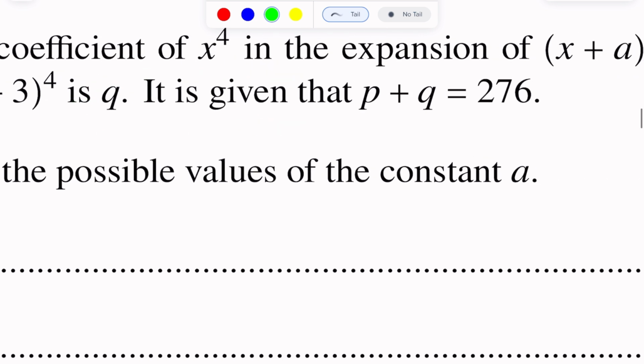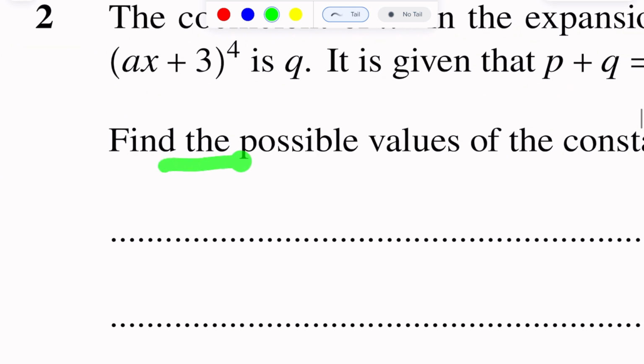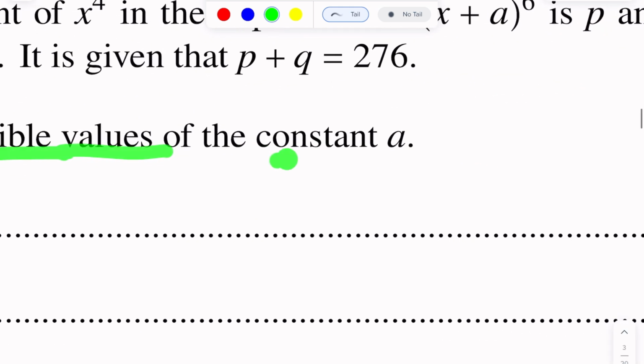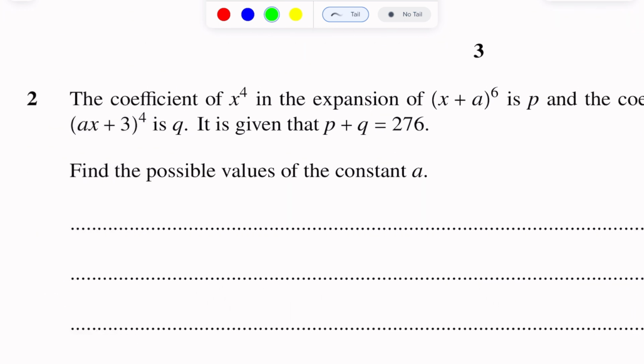It is given that p + q is equal to 276. Find the possible values of the constant a.